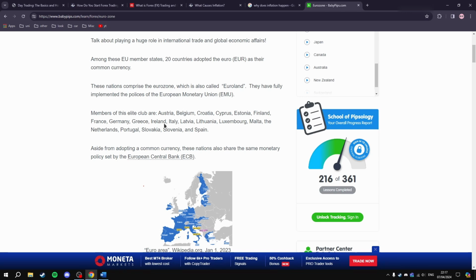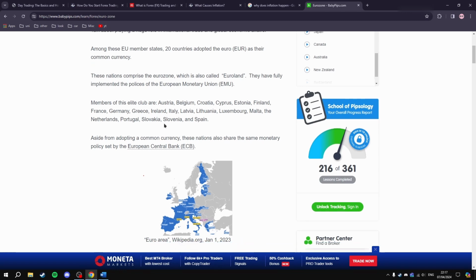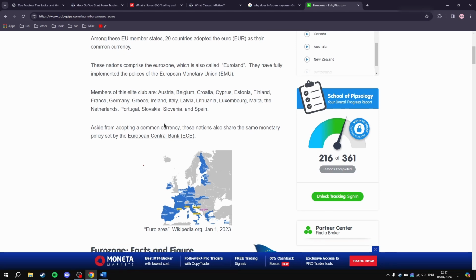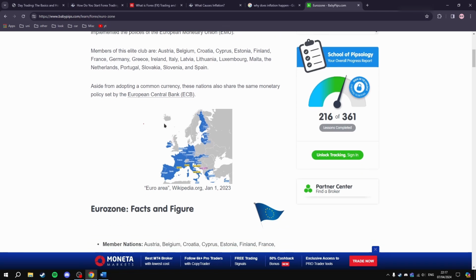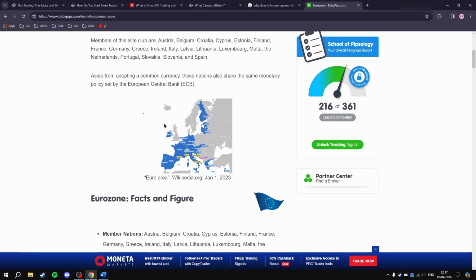Members of this elite club are Austria, Belgium, Croatia, Cyprus, Estonia, Finland, France, Germany, Greece, Ireland, Italy, Latvia, Lithuania, Luxembourg, Malta, the Netherlands, Portugal, Slovakia, Slovenia and Spain. Aside from adopting a common currency, these nations also share the same monetary policy set by their European central bank. Euro area, wikipedia.org, January the 1st, 2023.